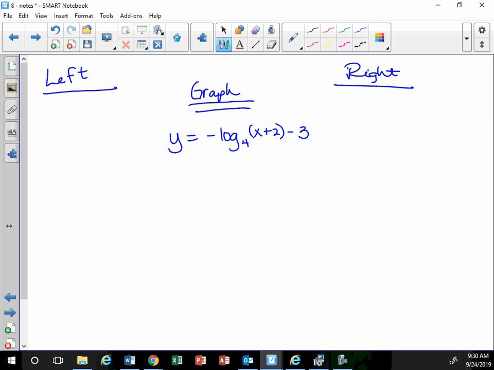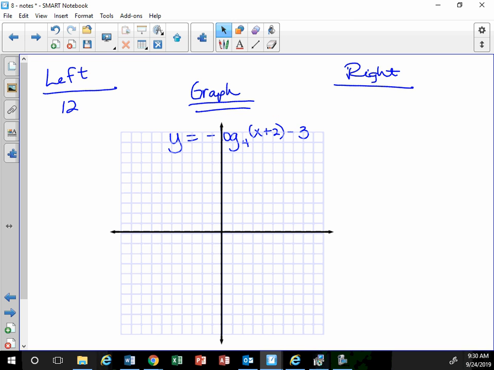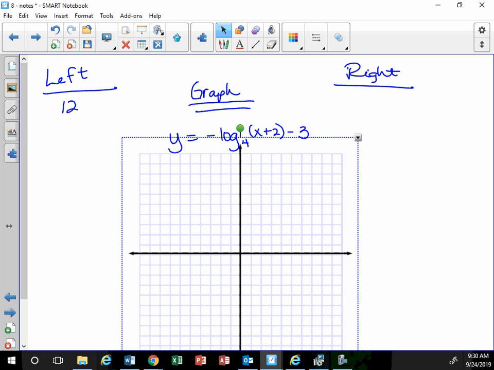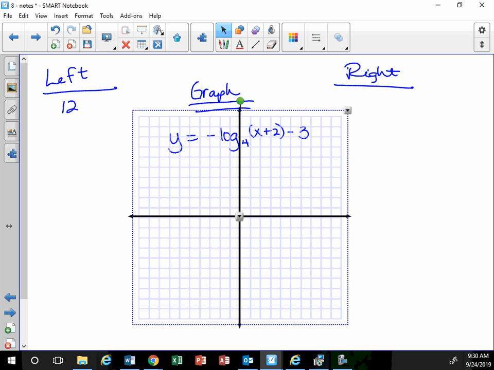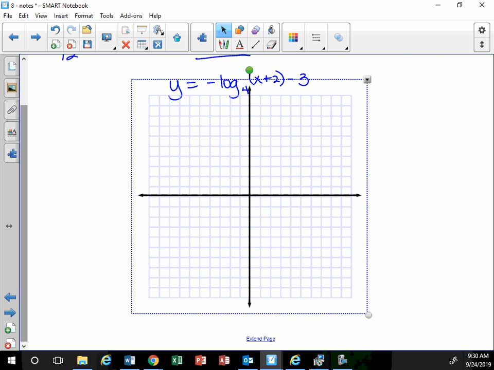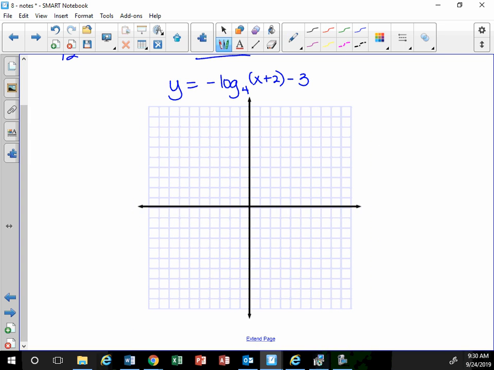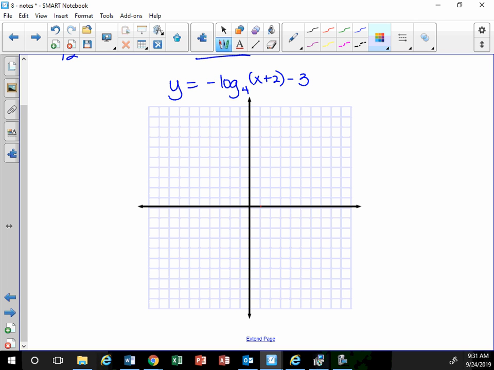All right, let's look at it. So guys, make sure you recognize that your initial points are different. It's (1, 0) and then it's (4, 1). Okay, the base changed, so that has to change. Then we flip first.